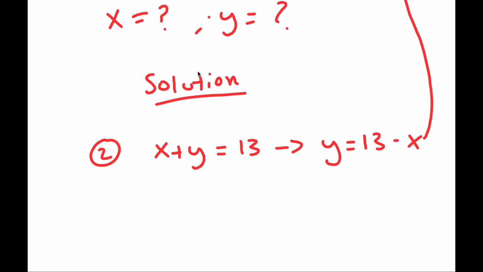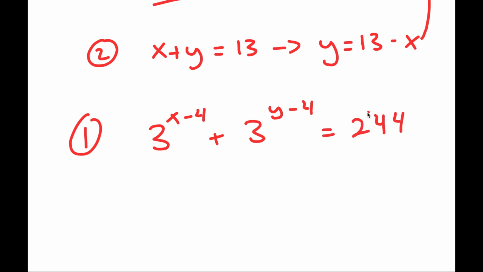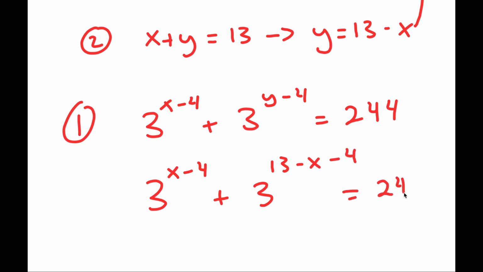So going back to the first equation, I have 3 to the power of x minus 4 plus 3 to the power of y minus 4 is equal to 244. Because I know that y is equal to 13 minus x, this turns into 3 to the power of x minus 4 plus 3 to the power of 13 minus x minus 4 is equal to 244.